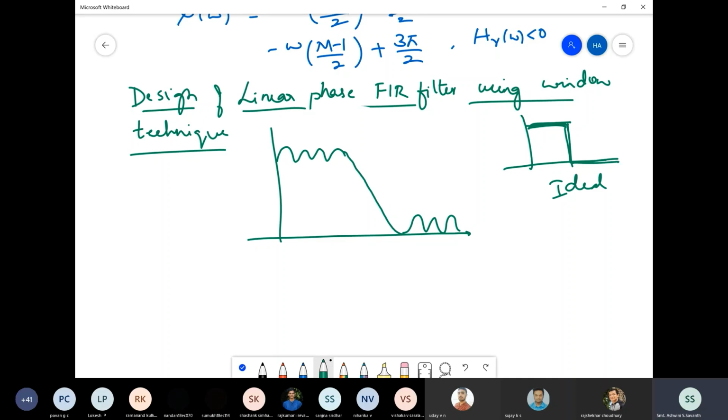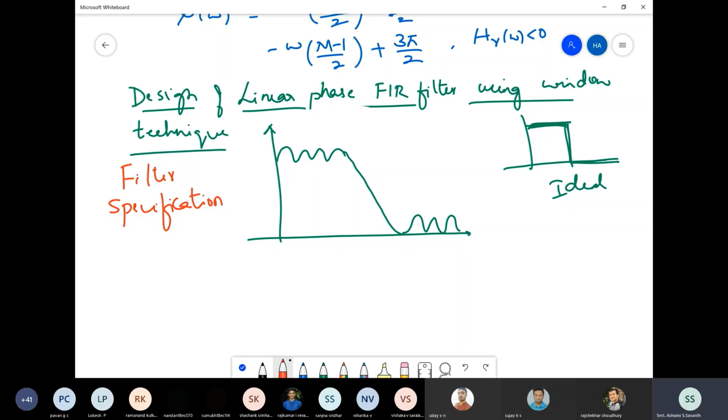Okay, so what will be given to you is this frequency response. When we say the filter specifications, what is it that we are talking about? What all specifications can you expect in a filter? You expect some cutoff frequency, right?